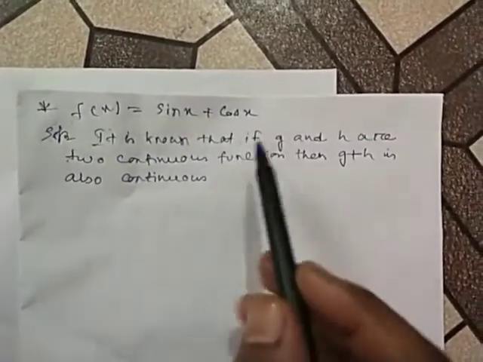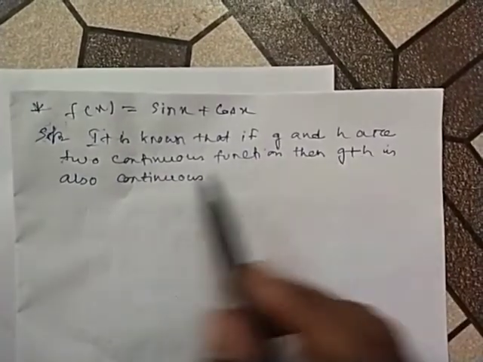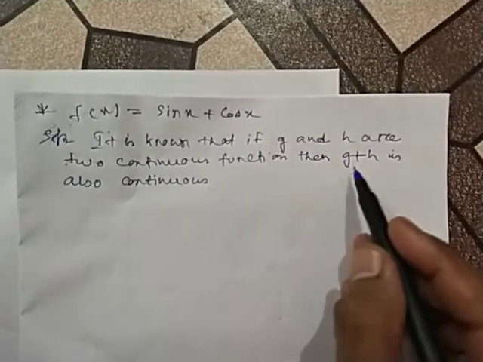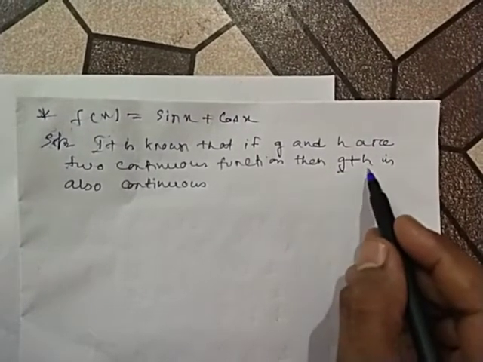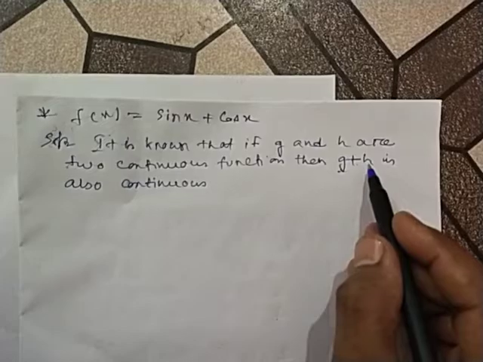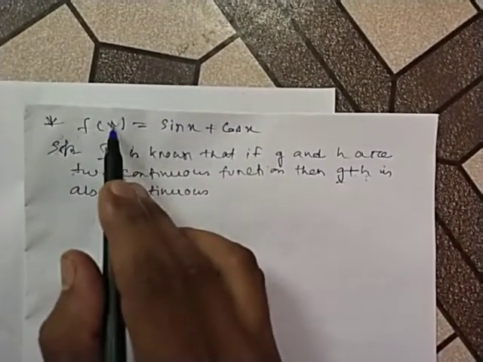This is the algebra of continuity. If g is continuous and h is continuous, then g + h is also continuous, so you can say the function f(x) is continuous.